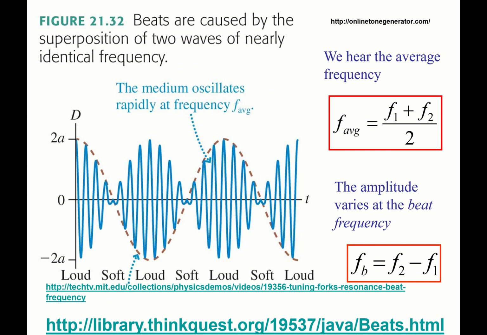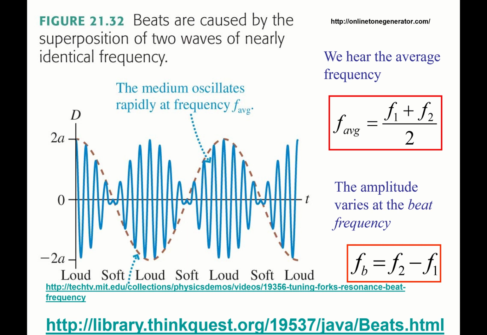So what we hear with our ears is the average frequency. What we hear is the two frequencies together, so you add them together and divide by 2. And the amplitude is going to beat, it's going to go up and down in intensity at the difference between the two frequencies. So if they're different by 10 hertz, the sound is going to get loud and quiet 10 times a second.